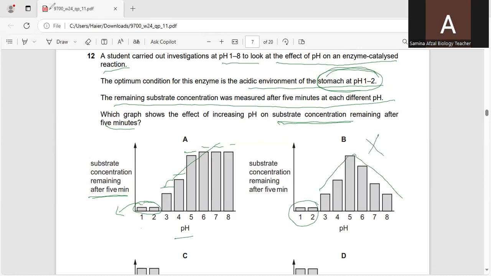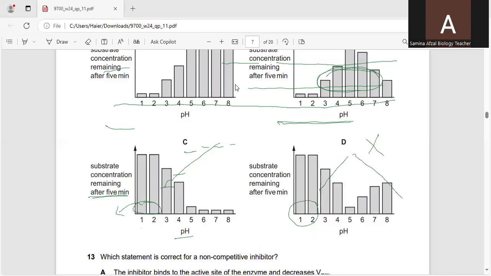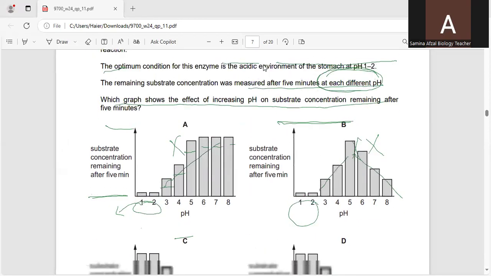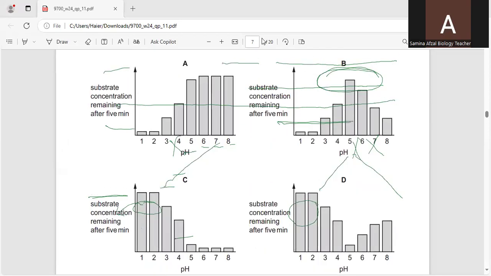We are moving towards the C option. Again, in C option, the first part is not correct. You can see it is highest and then it decreases. So here, you can see A is the correct option, because the required pH for the digestion of the substrate is 1 or 2.